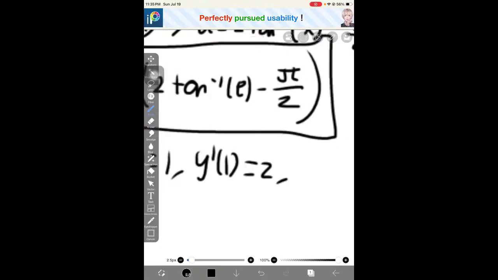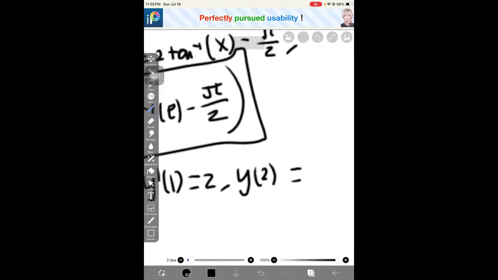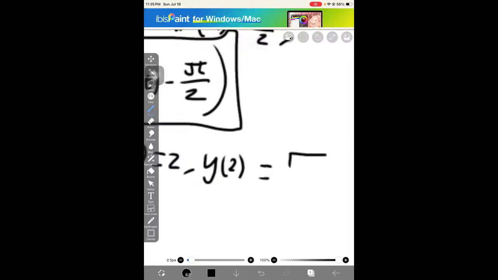However, y of 2 equals this. Now you may be wondering, what is this? And that is exactly what we're going to determine.